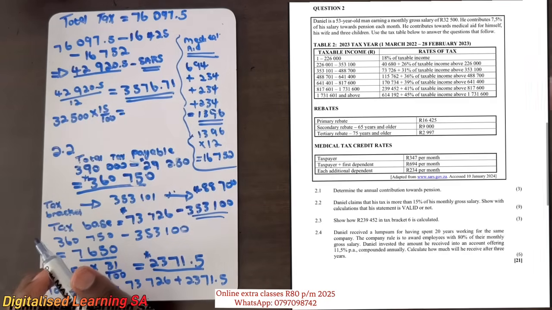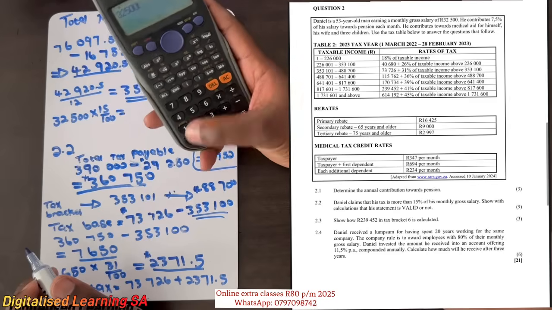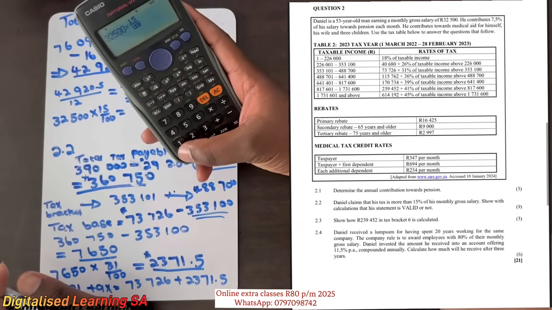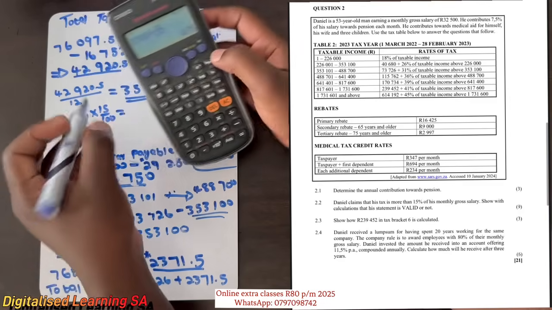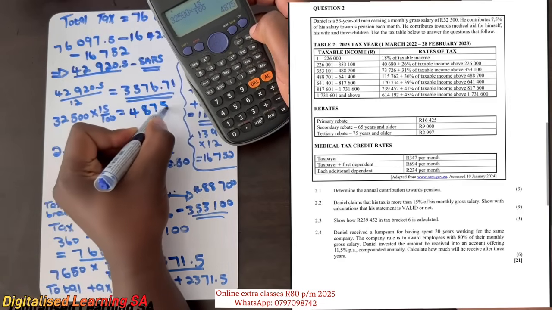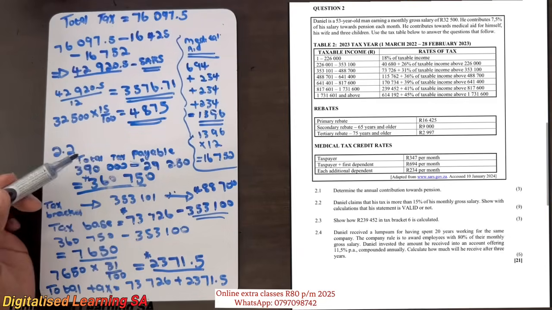So we just say 32,500 multiplied by 15 over 100. And our answer will be 4,875. So his claim is that he pays more than 15%.